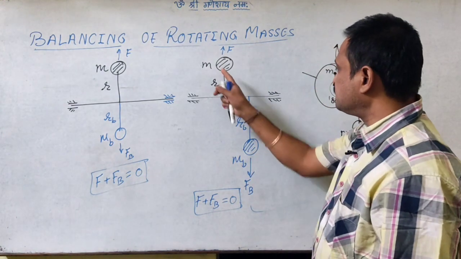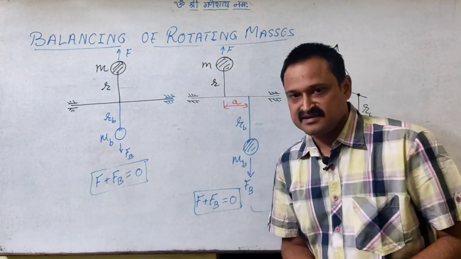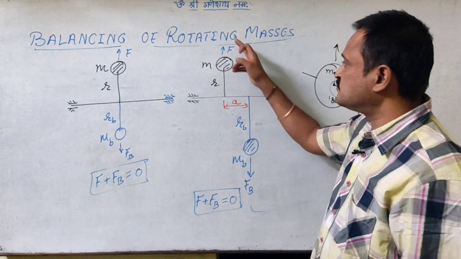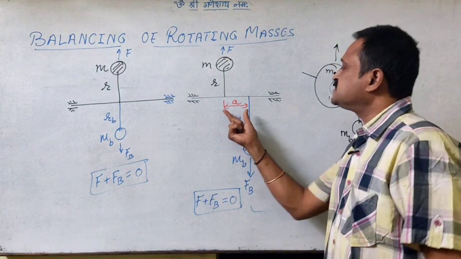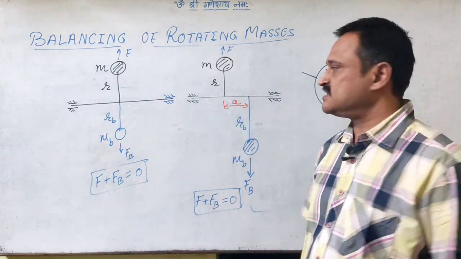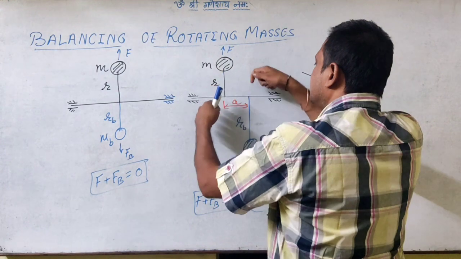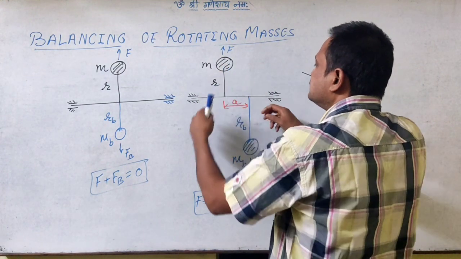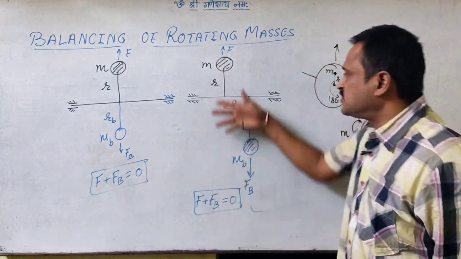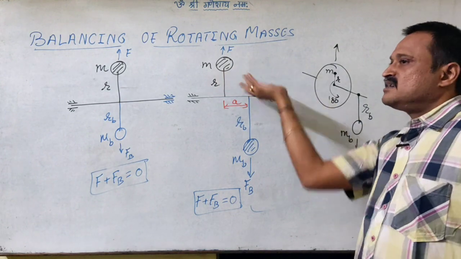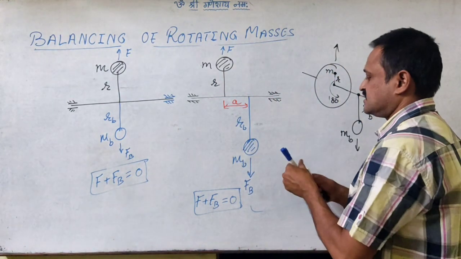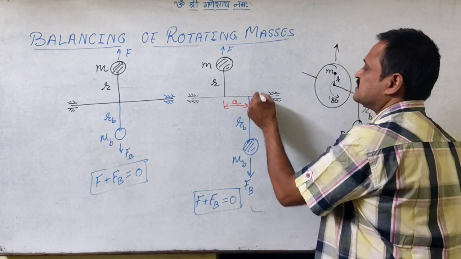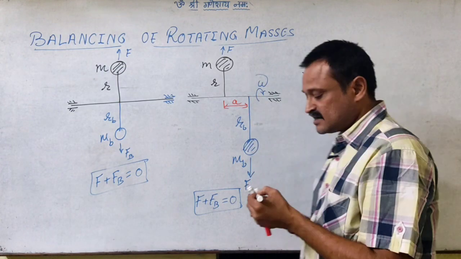So this force into a, because the magnitudes of these two forces are the same, separated by a distance a. It is going to create a couple, and the plane of rotation of this couple is also continuously changing as the shaft is rotating at omega.